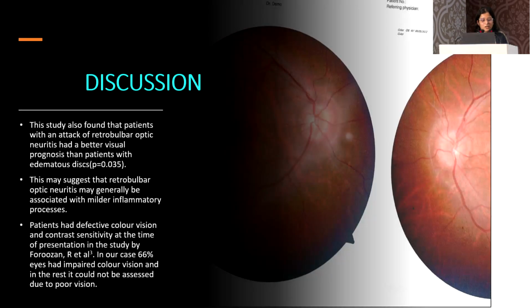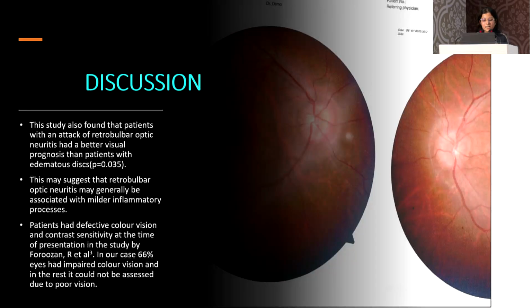This study also found that the patient with an attack of retrobulbar optic neuritis had a better visual prognosis than patients with edematous disc. This may suggest that retrobulbar optic neuritis may generally be associated with milder inflammatory processes, and patients had defective vision and contrast sensitivity at the time of presentation in the study by Faruzin et al.